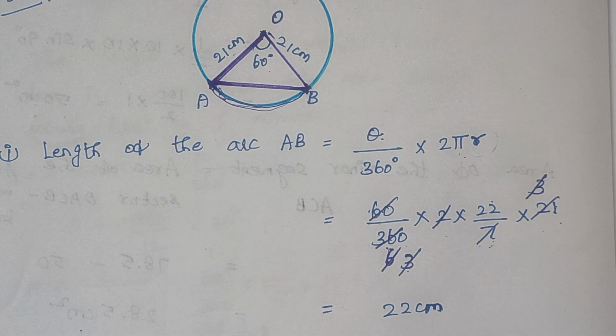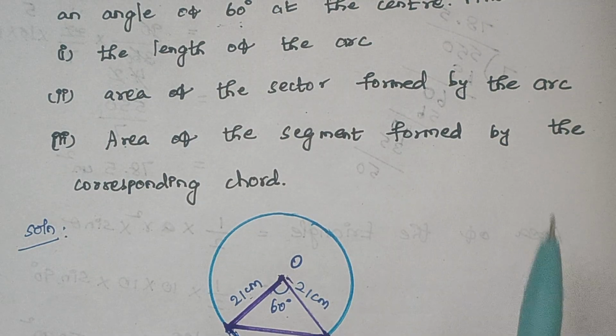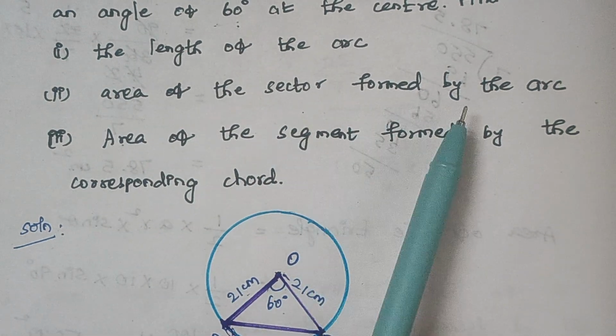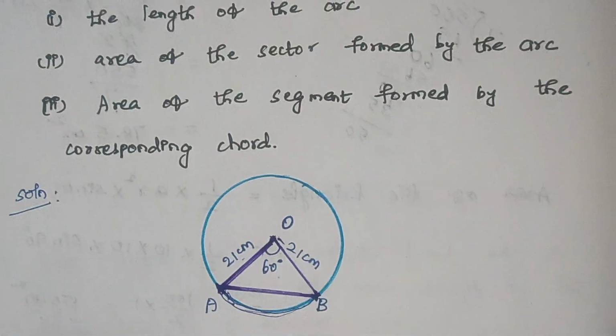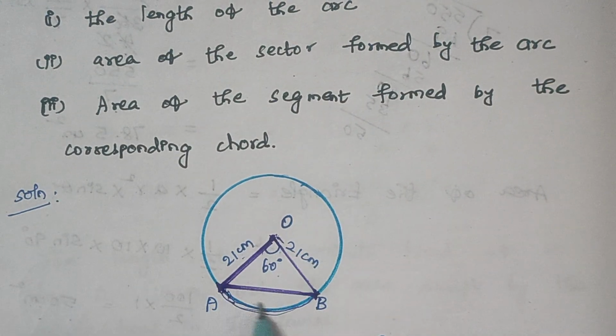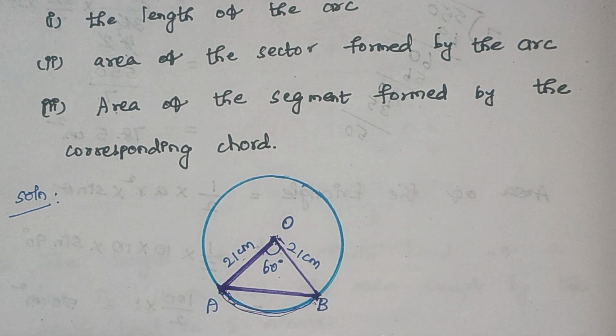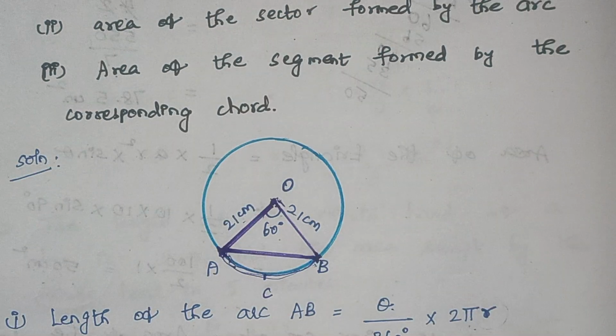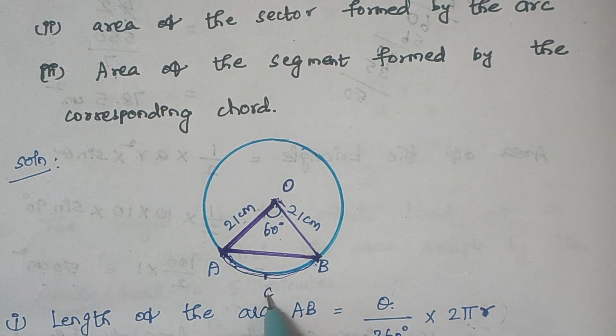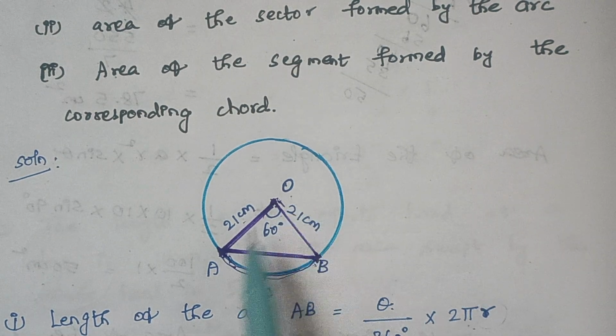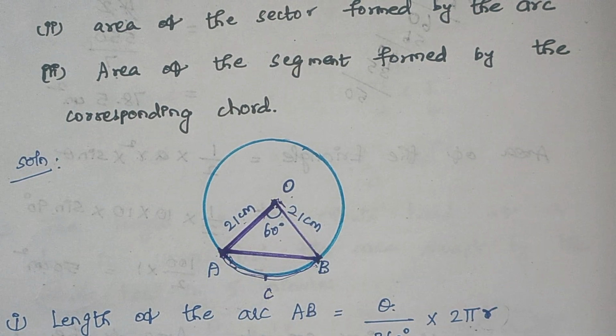Then the next thing is, the second part is area of the sector formed by the arc. So area of the sector is nothing but this is your sector, right? So here area of the sector is given by the formula. So let the point C be here, right? So area of the sector is OACB.